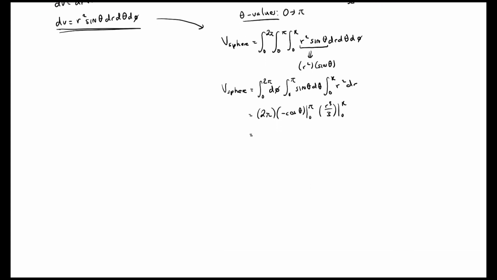So now we have 2 pi times minus cosine of pi minus cosine of 0. So cosine of pi is going to be -1, so we have minus 1, which gives us 1.